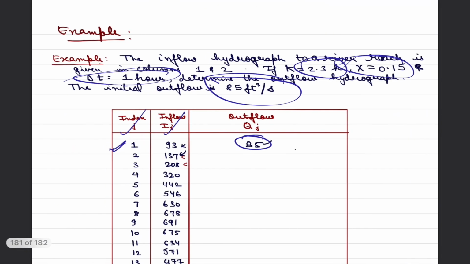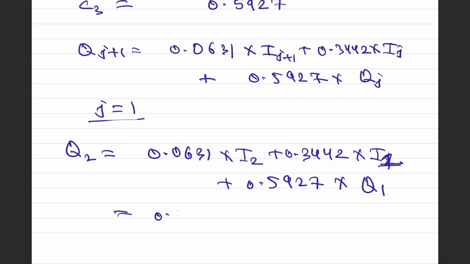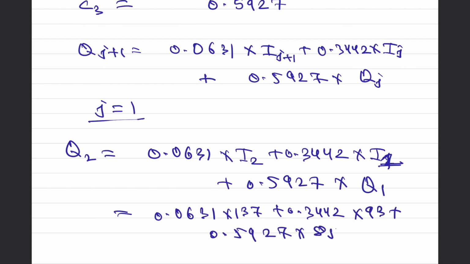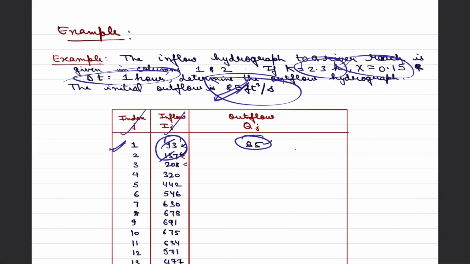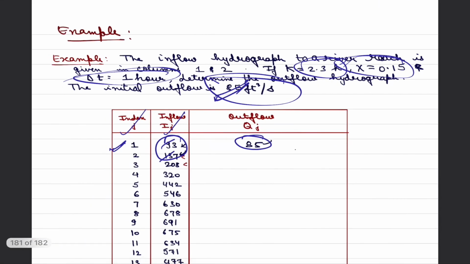Going back to the inflow table, I2 is 137 and I1 is 93. All we have to do is plug in values: 0.0631 into 137 plus 0.3442 into 93 plus 0.5927 into 85, because we are told that our outflow is 85. After solving, this comes out to be 91 CFS. So our second entry becomes 91.